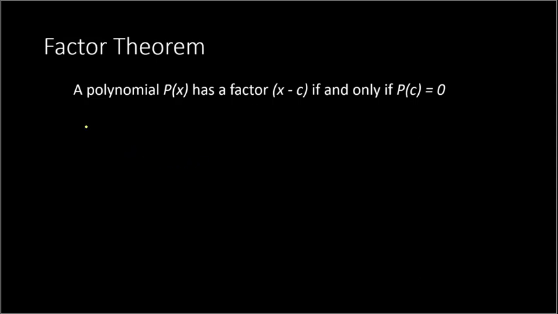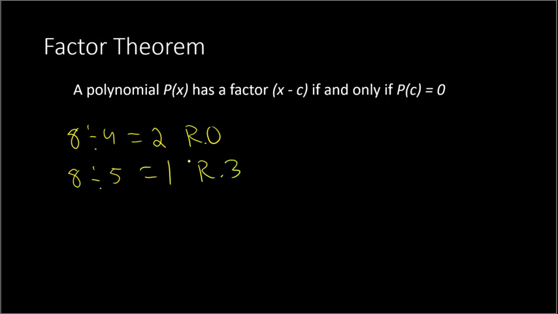All right, so if you, for example, were to take 8 divided by 4, well, 4 is a factor of 8, right? 4 is a factor of 8 because we know that when you divide, we get 2 with no remainder. But if you divide it by 5, we know that 5 is not a factor of 8 because when you divide, you're going to get 1 with a remainder of 3.